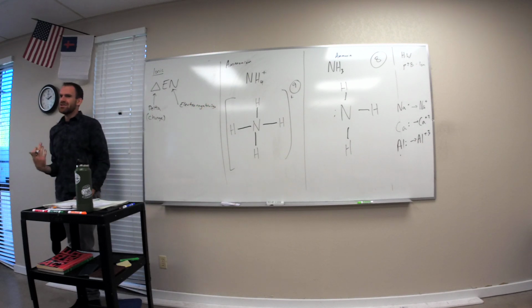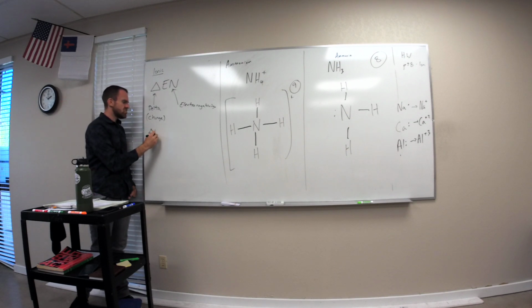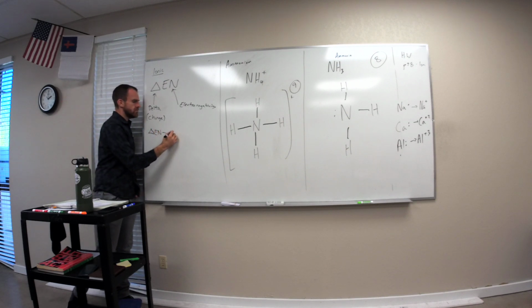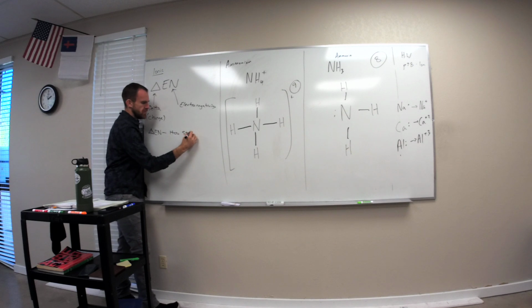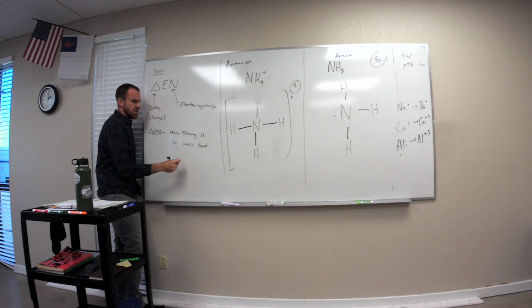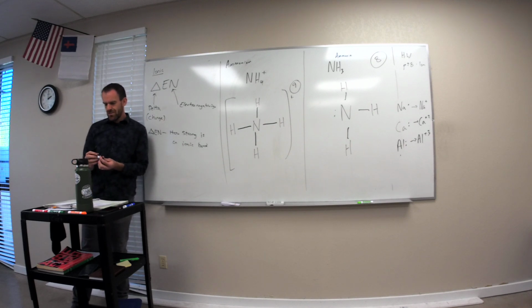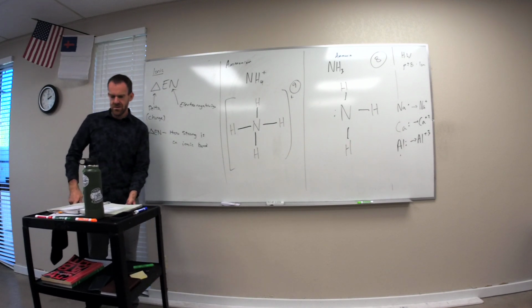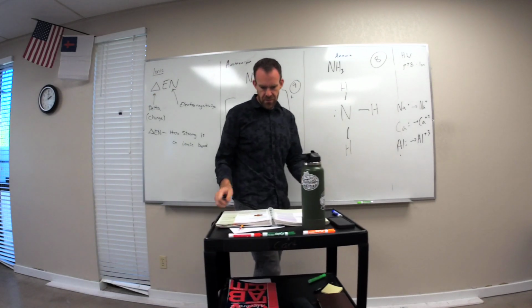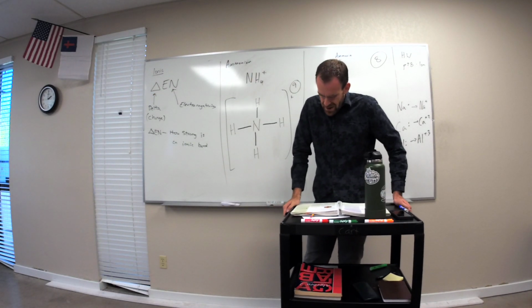So the change in electronegativity dictates how strong an ionic bond is. You can look up electronegativity values for each element and then determine their strength by determining the difference of their electronegativity. There's a table for that.